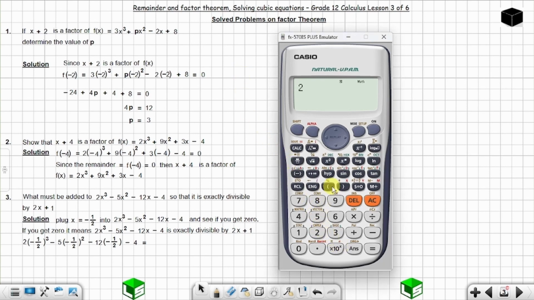So I have 2 times negative 1 over 2 to the power of 3, minus 5 times negative 1 over 2 to the power of 2, minus 12 times negative 1 over 2, minus 4. This is equal to 1 over 2. You can see that, 1 over 2.